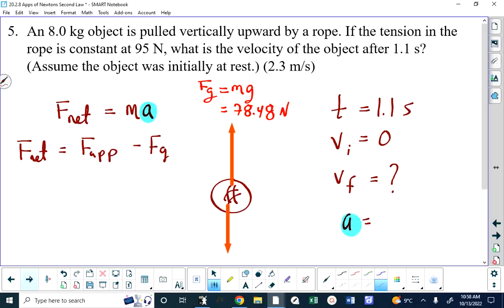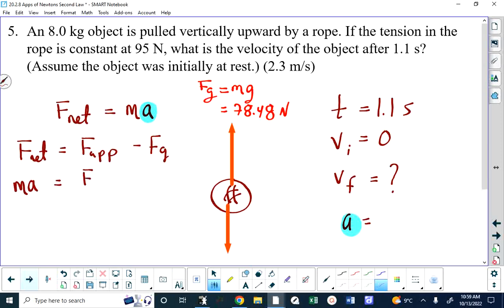I hope you'll forgive me if I don't say magnitude each time. I get tired of saying it. I want to just say F net equals F applied minus FG. So I hope you understand if I do say that, I'm just saying the magnitudes because I didn't put vector symbols. So we put the MA in here.